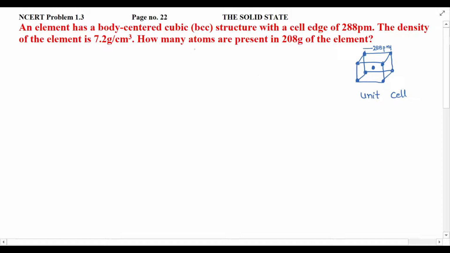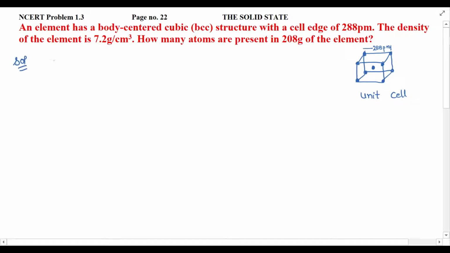So when we will divide the volume of this 208 gram of the element with the volume of unit cell, we'll get the number of unit cells. Afterwards we'll multiply this with the effective number of atoms and we will get the answer, right? So we'll solve it by following steps.